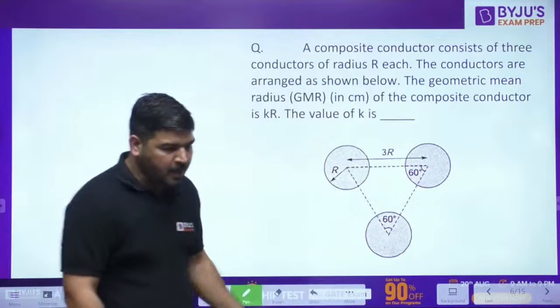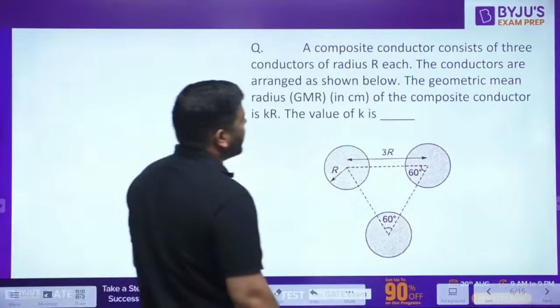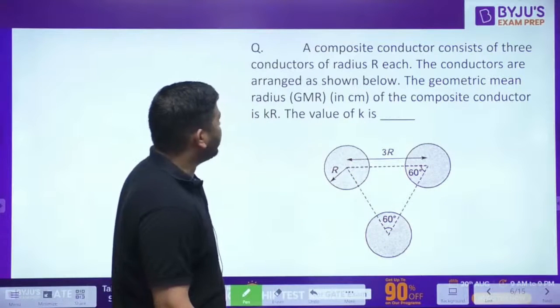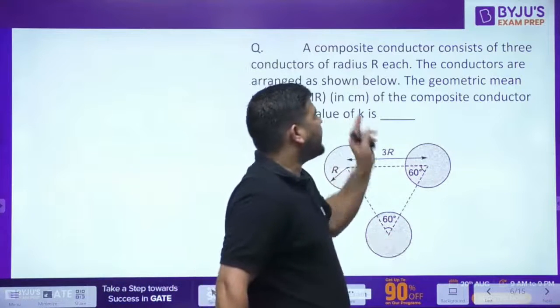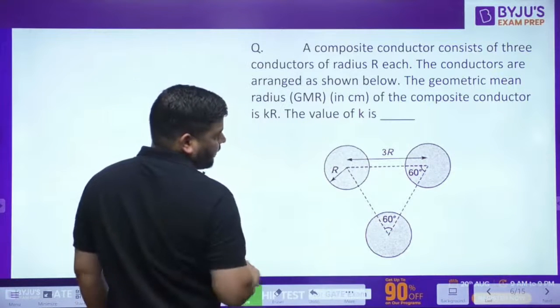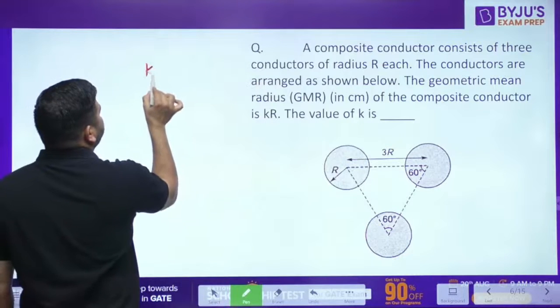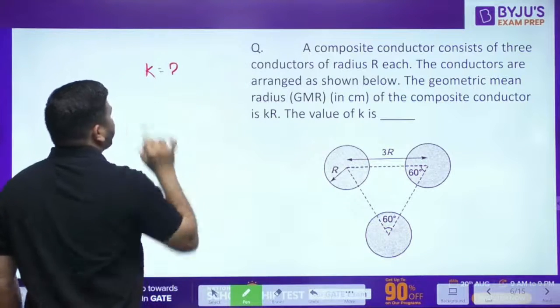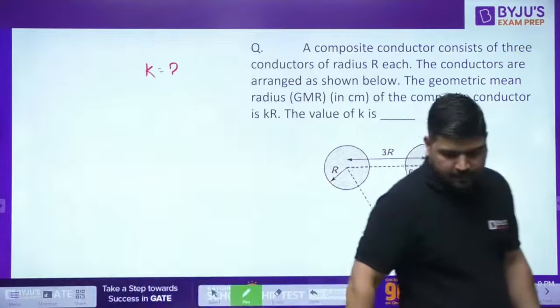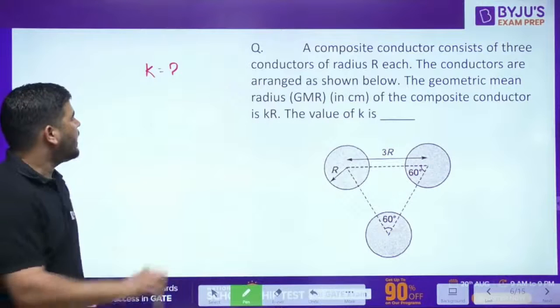The conductors are arranged as shown below. The geometric mean radius in centimeter of the composite conductor is kr. I need to get the value of k. It's a very simple question. You can solve it easily.